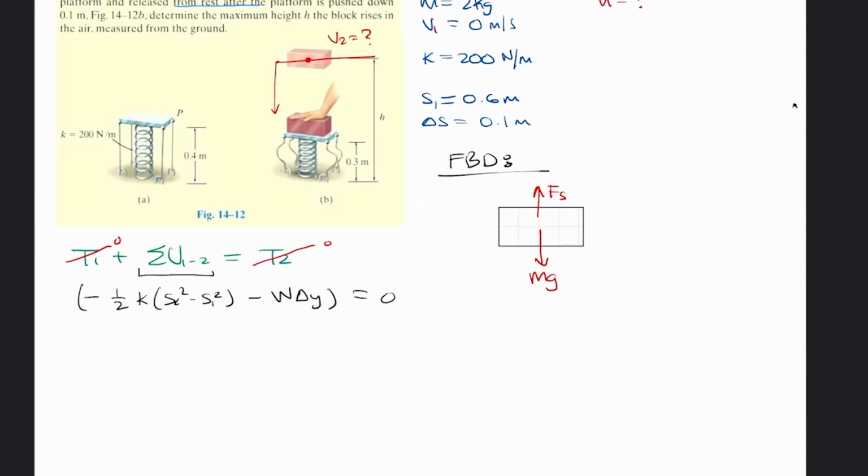So we substitute here: this will be minus 1/2 of 200 newtons per meter times S2 squared minus S1 squared.